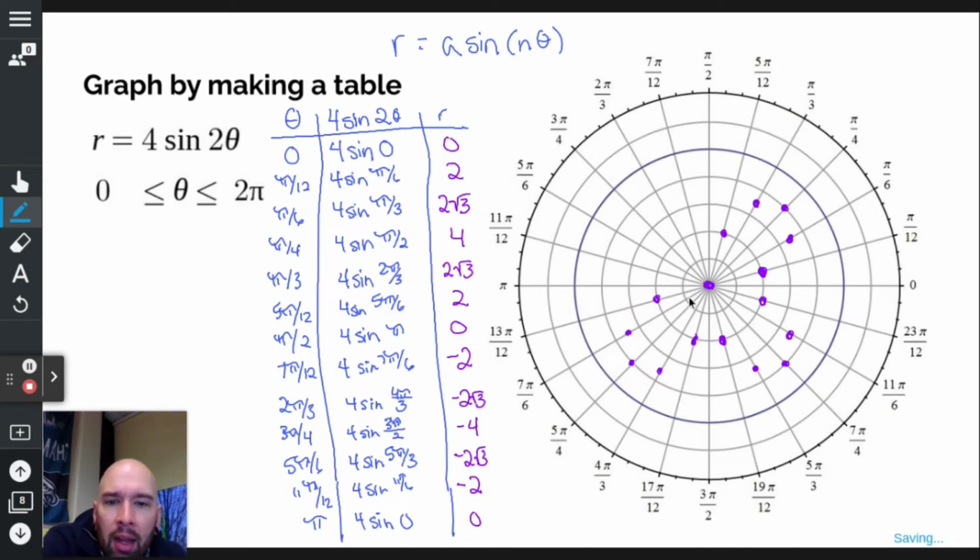And then here at 19 pi over 12, we would be at negative 2. So that would put me here at regular 2. And then at 2.5-ish, did I go too far? No. And then at 4-ish. And then at like 3.5-ish, not 2.5-ish. And then at 2 again. And then back to 0.